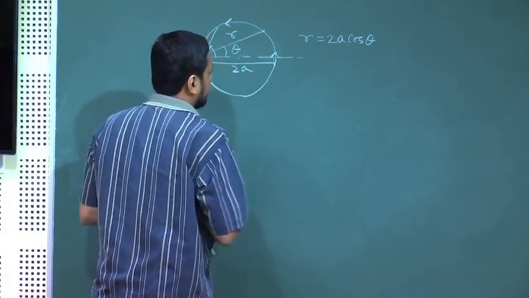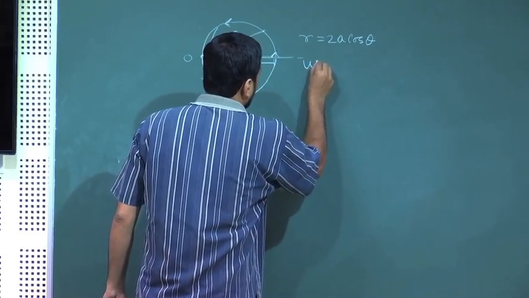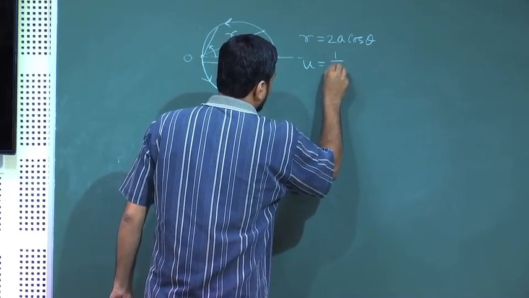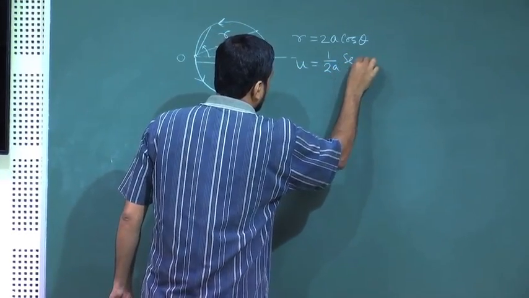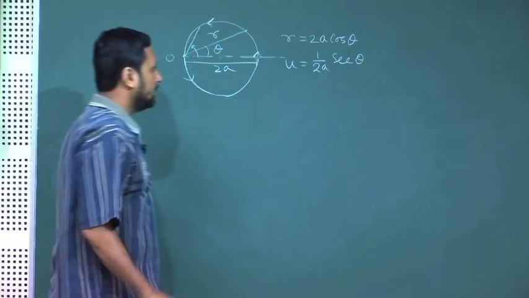Now, if this is the equation, then u is equal to 1 by 2a sec theta, right.